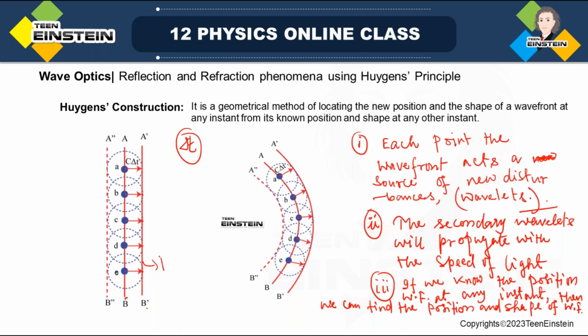This is actually taken as the forward envelope. Sorry, the envelope is the wavefront, the new wavefront. So here in this case also this is the new wavefront.